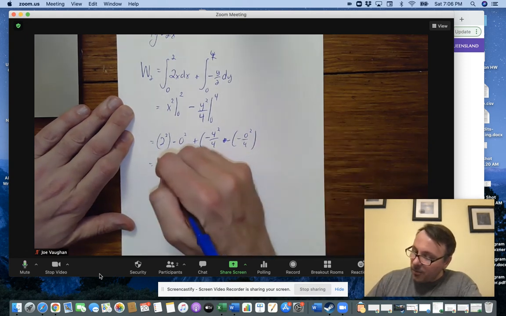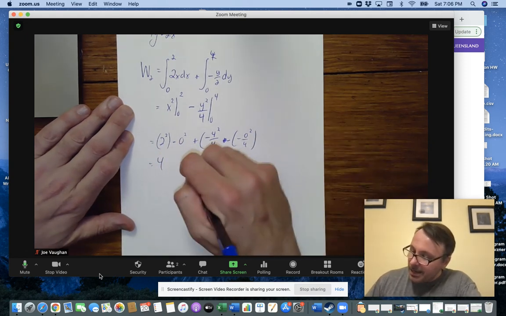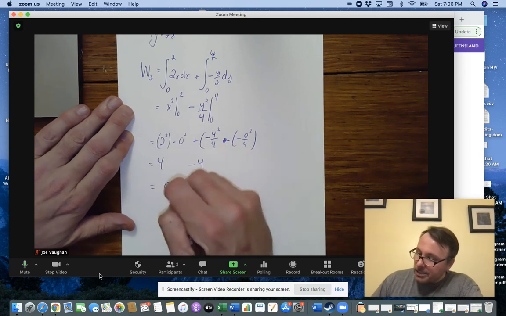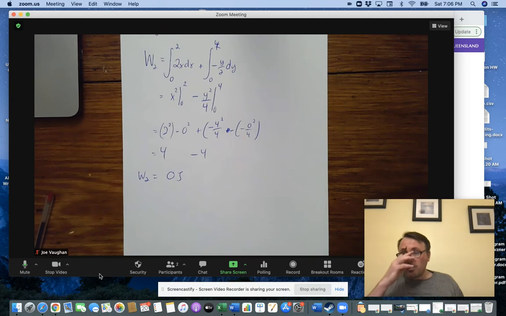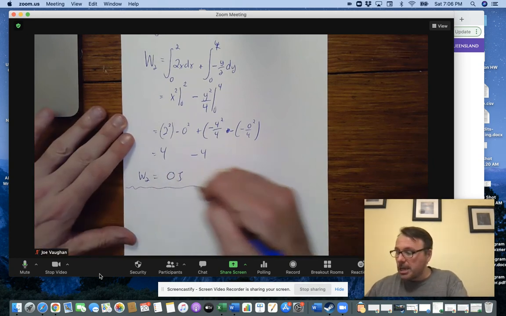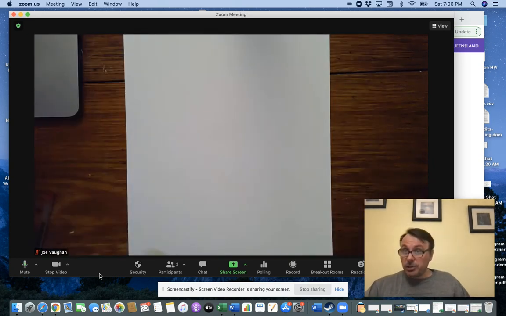All right, so that's 4, and then this comes out to be negative 4. Oh, interesting, no work is done along this path. So right away, we can see that the work done along path 1 is not equal to the work done along path 2. This is not going to be a conservative force. But for sake of completeness, we're going to finish the problem.